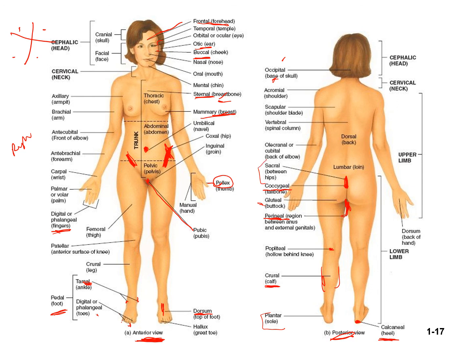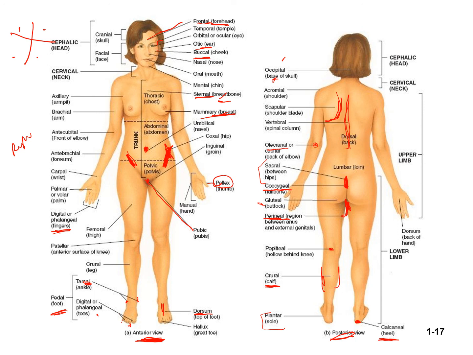Sacral region means the region in between the hips. And then you have the olecranon or the olecranal region, that is the back of the elbow. The vertebral region means the spine. The scapular region means the shoulder blades.